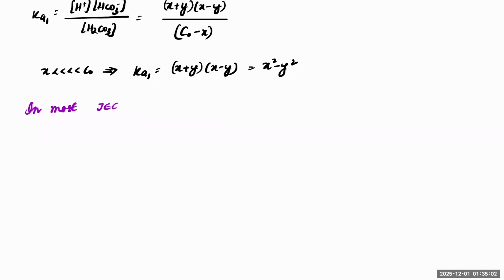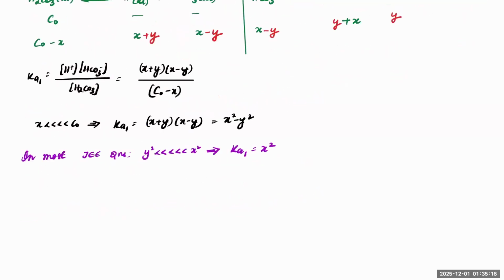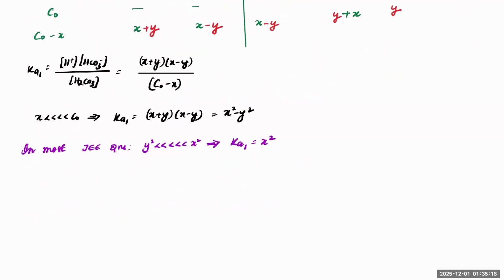JEE questions. We notice that Y square is far lesser than X square, which implies Ka1 will be simply equal to X square. So Ka1 is equal to X square.